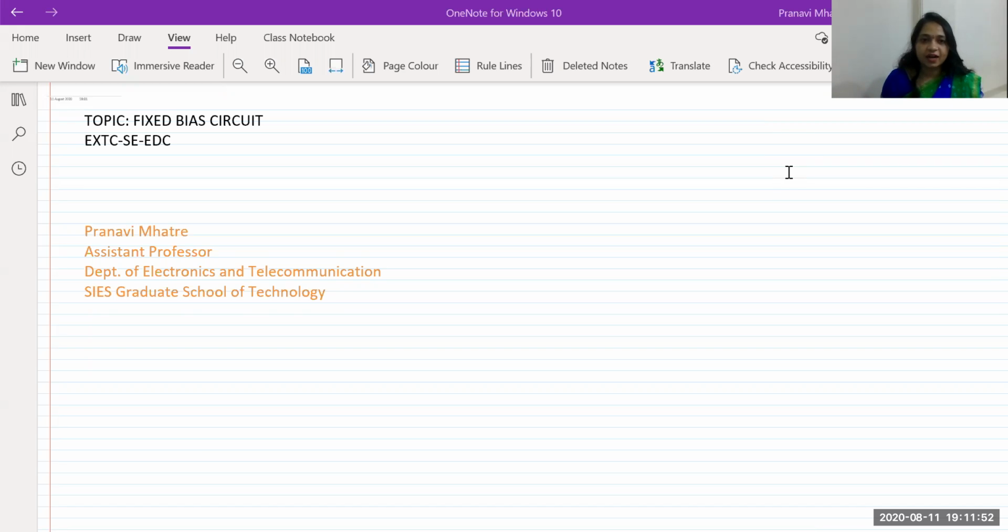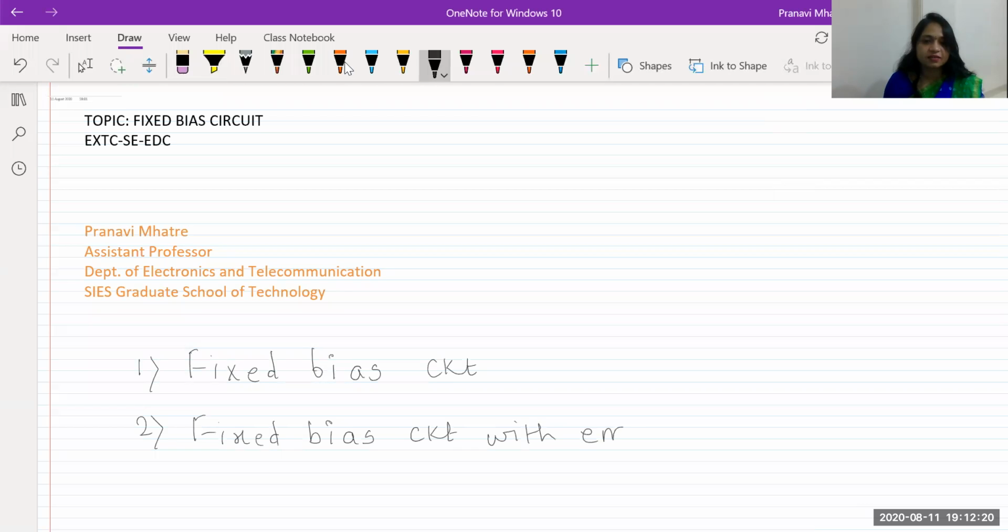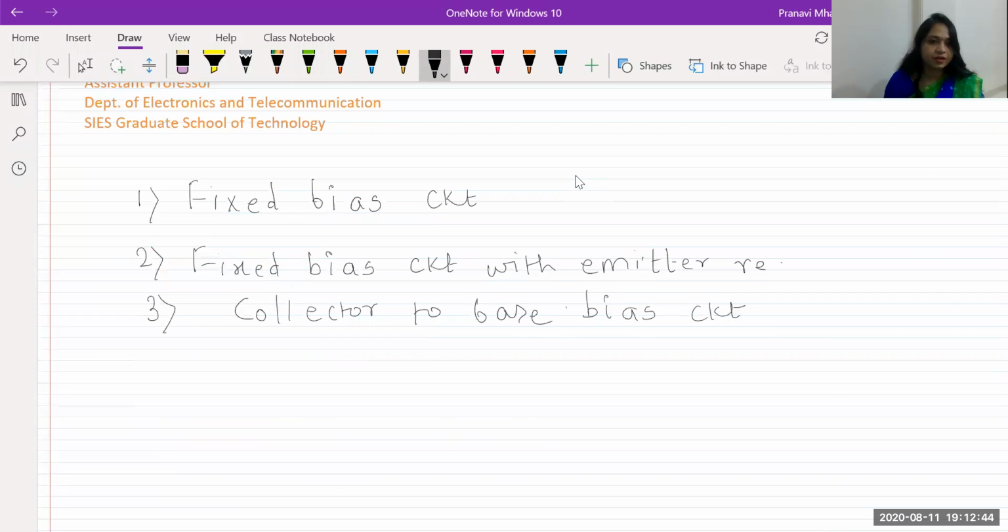The different biasing circuits of BJT are: first, the fixed bias circuit; second, fixed bias circuit with emitter resistor; third, collector to base bias circuit; and last and very important, the voltage divider circuit.